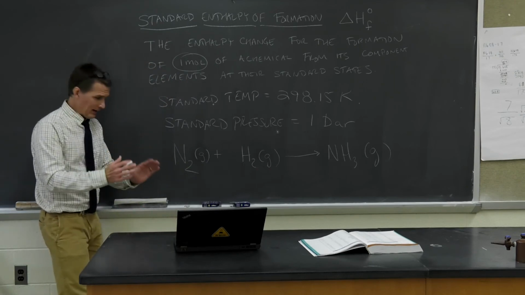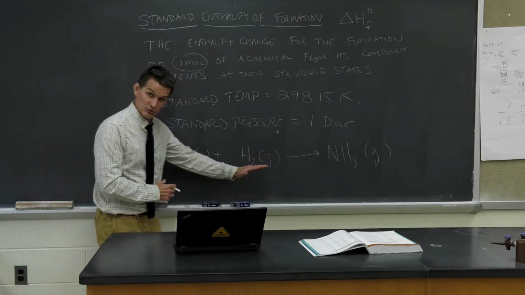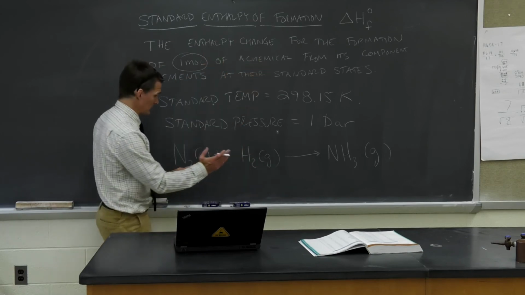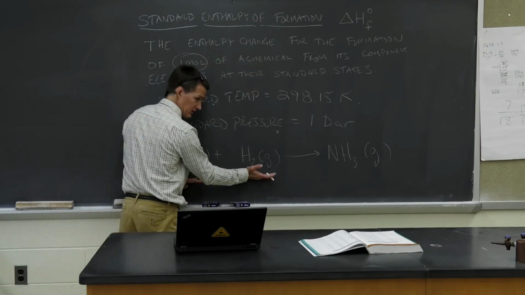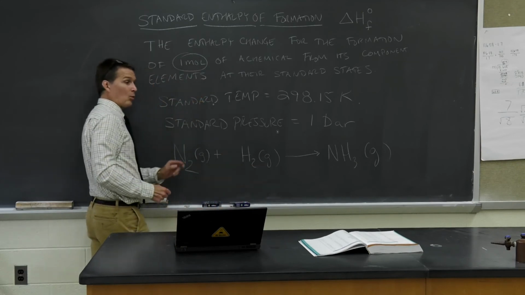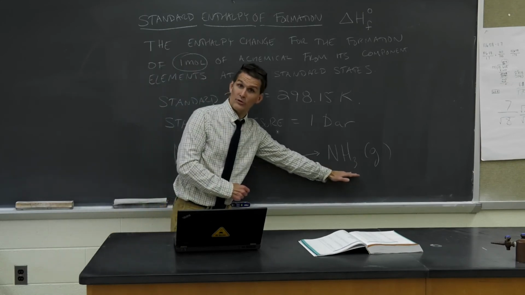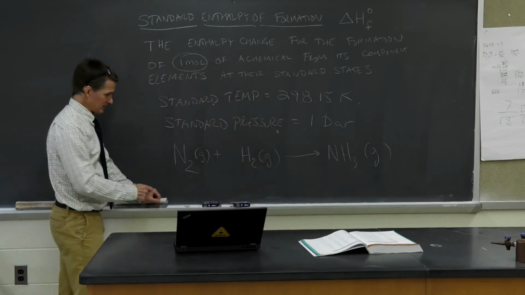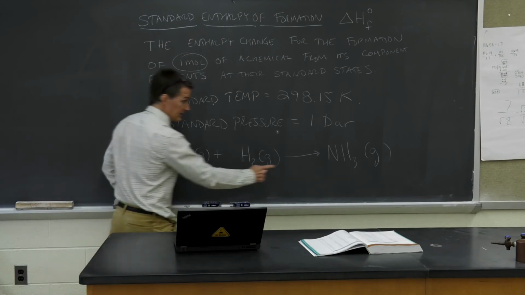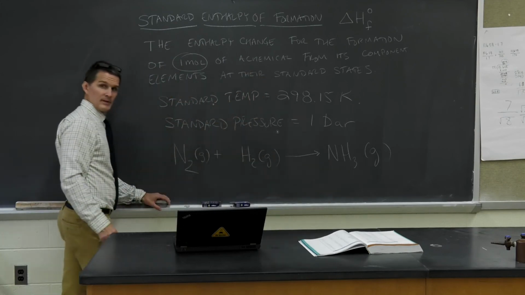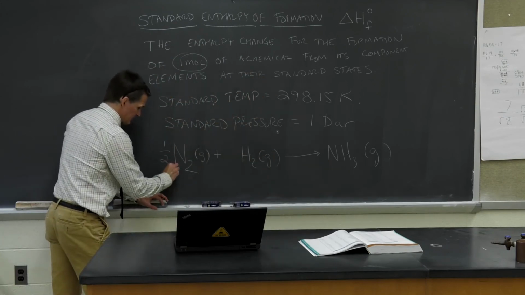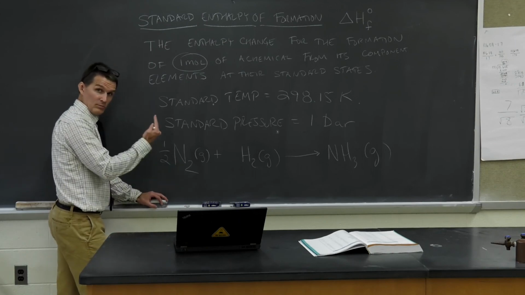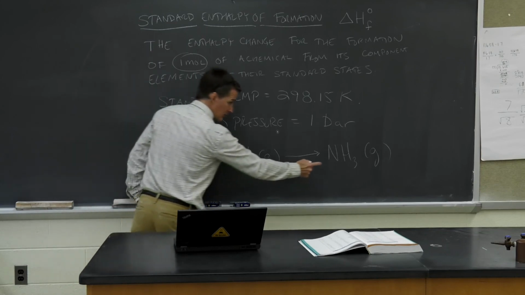So I've now got my elements. Those are going to be my starting materials. Anytime we write an enthalpy of formation, we're always going to start with our elements in their standard states, and we're going to make 1 mole of the chemical that we're interested in. Well, this is going to be a little difficult because I've got an N2 over here, and I need to make 1 mole of this. If I take a half mole of N2 molecules, that gives me 1 mole of nitrogen atoms, which is what I need.